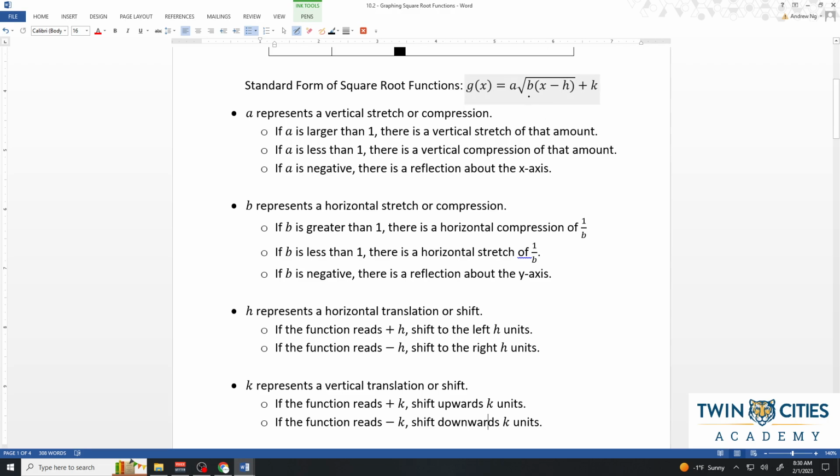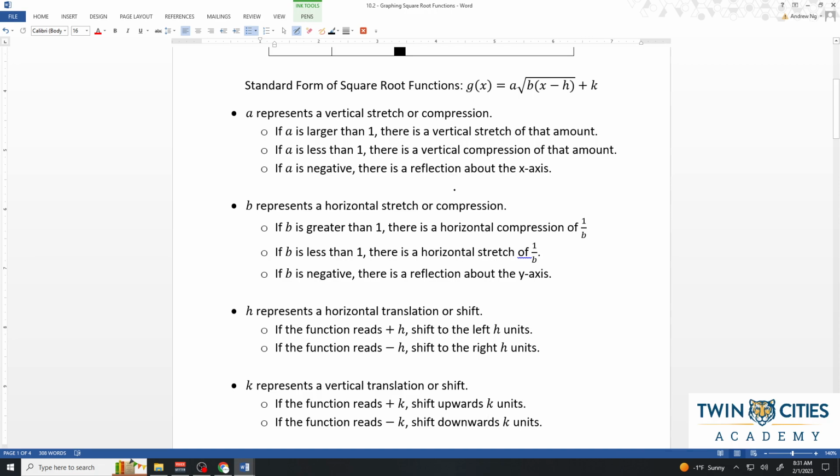Okay, b represents our horizontal stretch or compression. This is the opposite of what I would normally think. Normally, I would think if b is greater than 1 that there's a horizontal stretch, but really there's going to be a horizontal compression. It's going to squeeze inward by a factor of 1 over b.